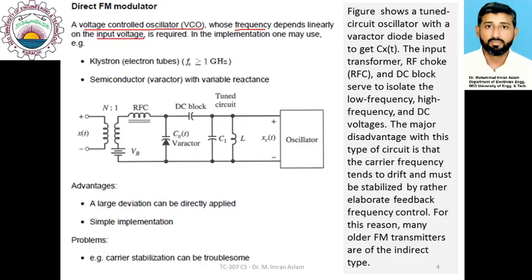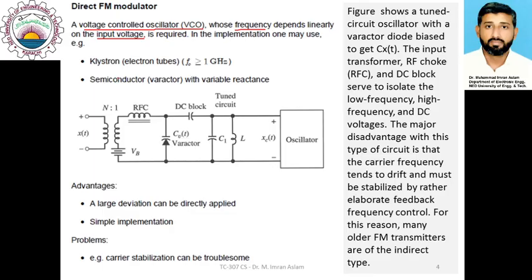So if the input voltage is increased, the frequency of the VCO gets increased. If the voltage is decreased, the frequency generated by the VCO is decreased. This is what we actually need from the point of view of an FM transmitter.